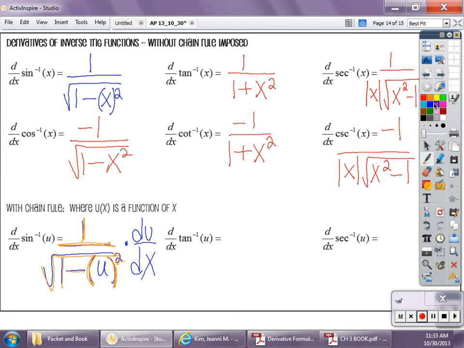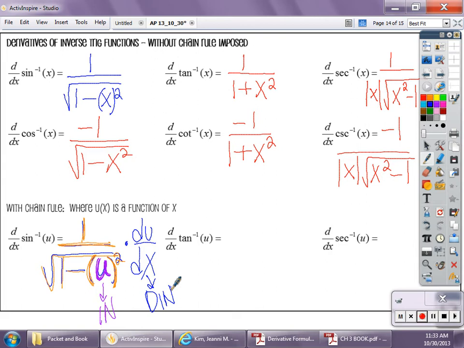What is the inside function? That u. Remember we put the inside back? That's the inside. So what's that du dx in the back? Derivative of the inside. Do you see that there's 3 pieces there of the chain rule? This rule and this rule up here, they're not different at all.